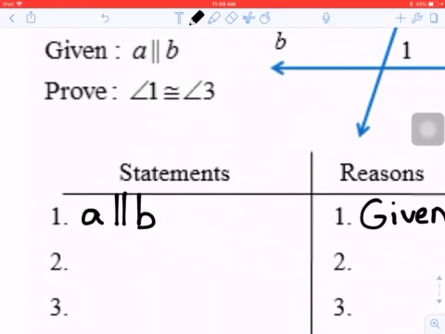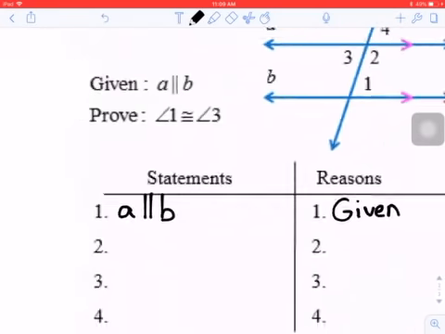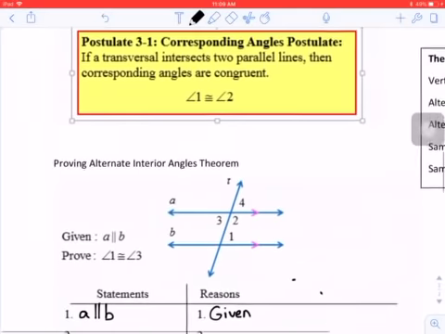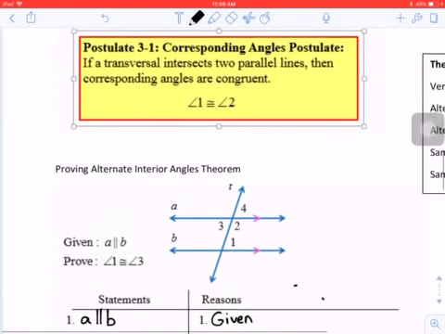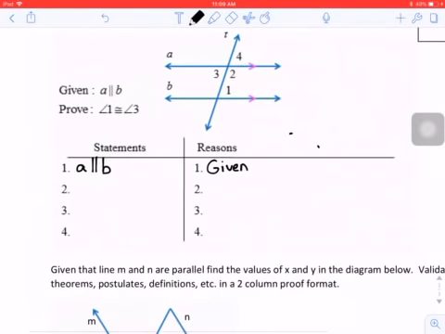Now, because they just gave us a postulate right before we did this example, we're probably going to end up using it. And in fact, if I look at my picture here, I know I'm trying to prove angle 1 is congruent to angle 3. So I'm going to look at either angle 1 or 3 and see if there's something else I can use. See this angle 4? That guy is corresponding to angle 1.